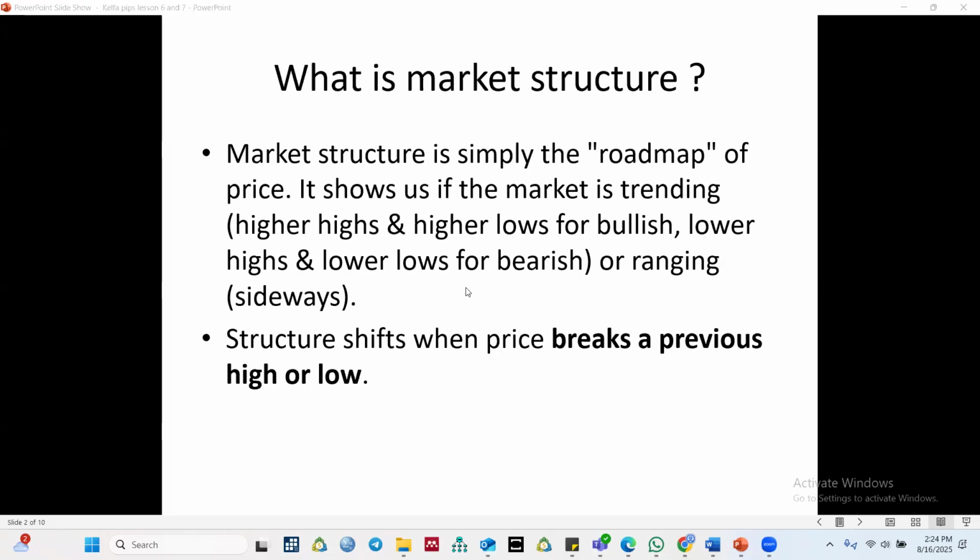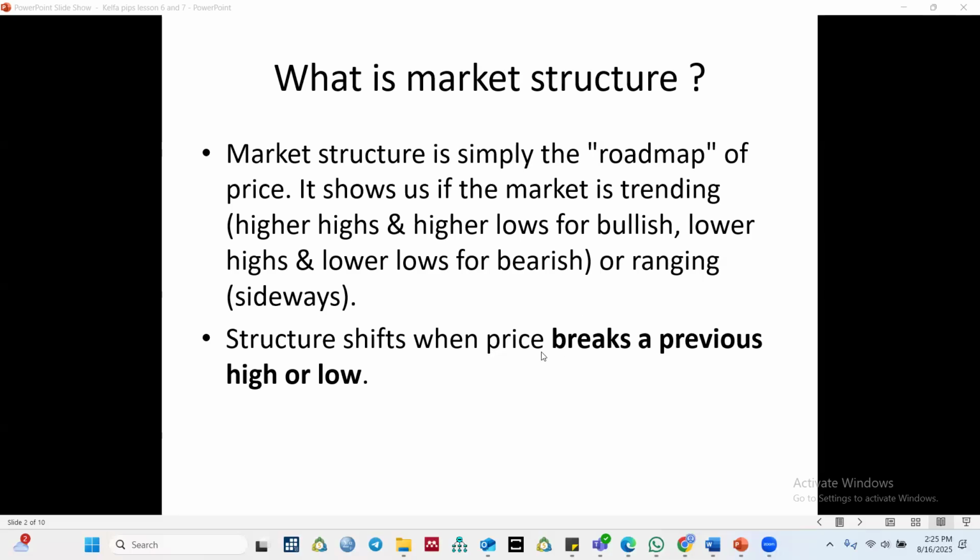It shows if the market is trending, that is making higher highs and higher lows for a bullish market, and lower highs and lower lows for a bearish market. It also shows if there is sideways movement, consolidation or ranging happening in the market at certain times, sessions, or seasons.